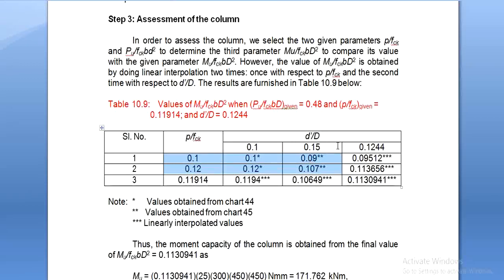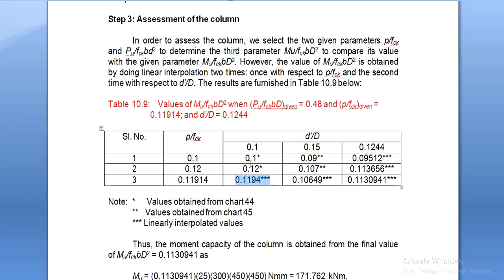Now if d dash by d value is 0.1244, then for 0.1 fck, in between this and this is the interpolated value. For 0.2 fck, between this and this is the interpolated value. So the final value for P divided by fck is this one. For this particular chart, the interpolated value will remain like this.